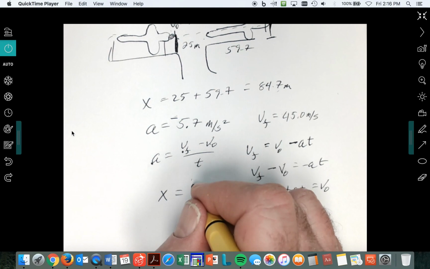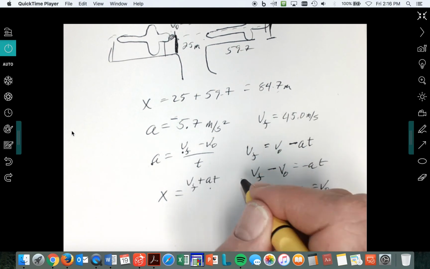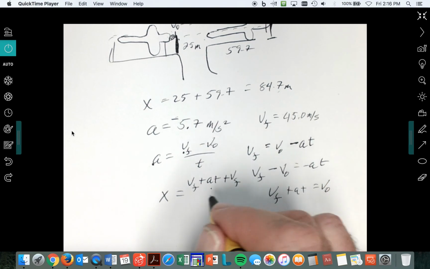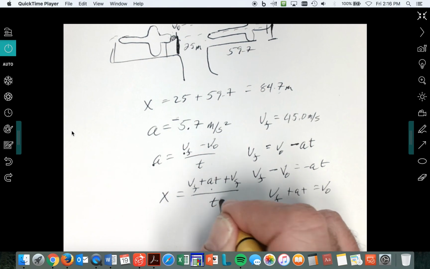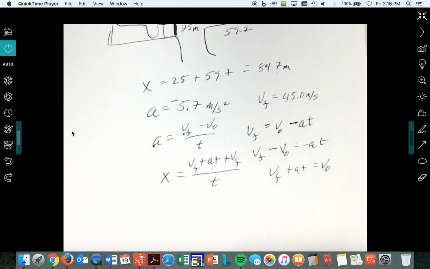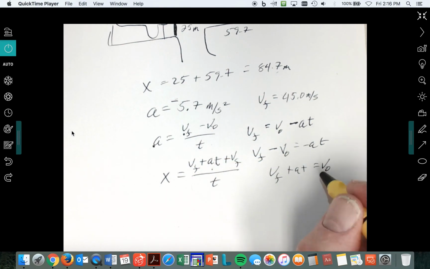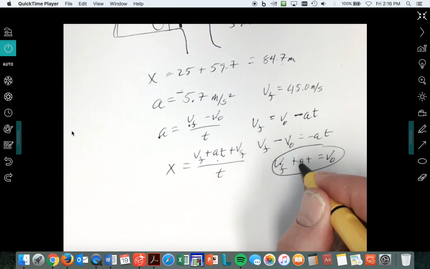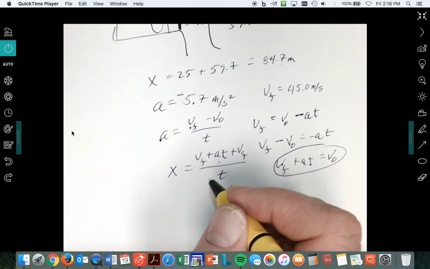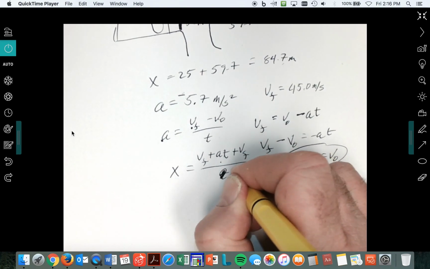So I could go, okay, well, v final plus AT plus v final over t, which I don't know. I love this. This is my time. See what I did? Did that substitution. I didn't know this, but I know this, and I don't know that, but I do know that I'm finding my average velocity over 2 times t.